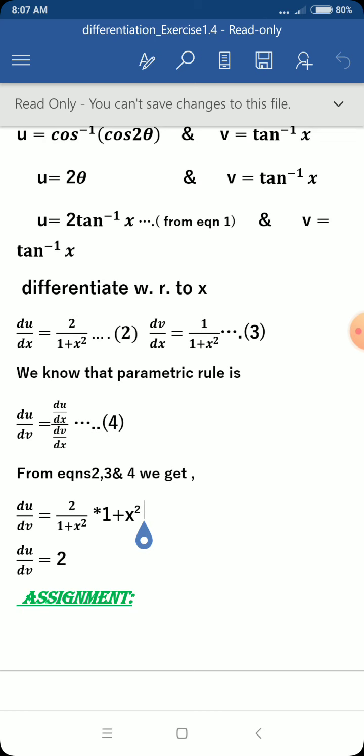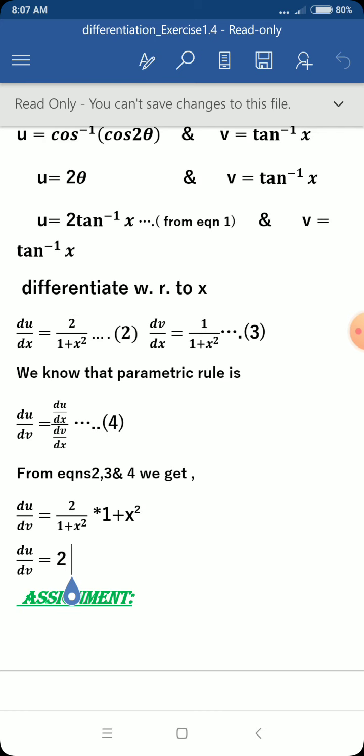Now taking the reciprocal of the denominator term, we get du upon dv equal to 2 upon 1 plus x square into 1 plus x square upon 1. That is, 1 plus x square upon 1 plus x square cancel out. Remains only 2. Therefore, du upon dv is equal to 2.